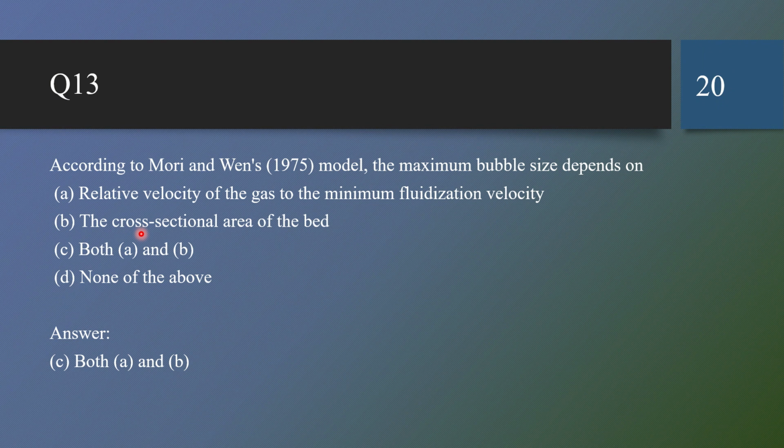So only then we can get to know how much excess gas is present than required at the minimum fluidization condition, so that leads to the formation of bubbles. So the answer is option C, that is both A and B.